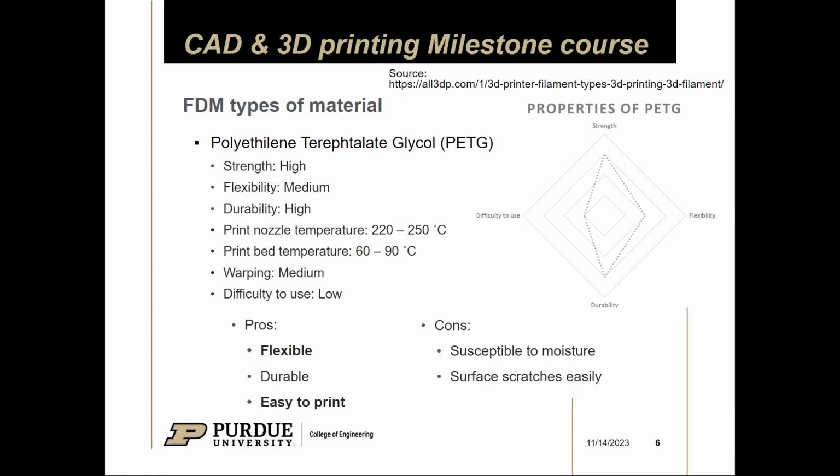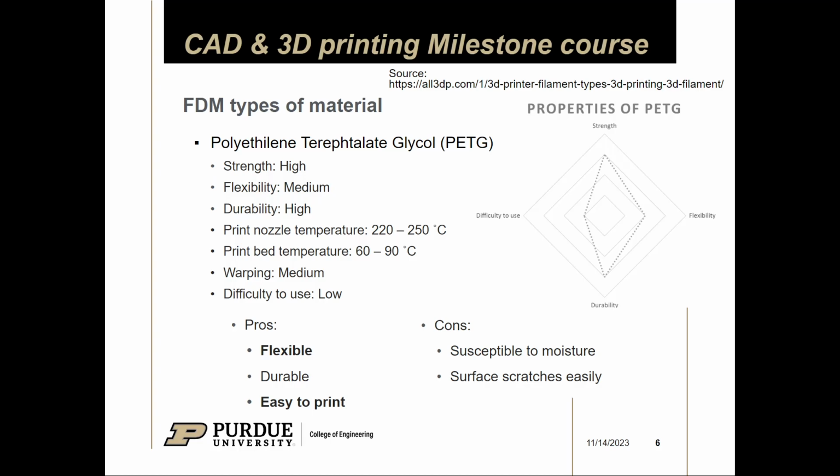Again, it prints a little bit higher temperatures compared to PLA, which gives it a little bit more temperature resistance. It tends to be a little bit more flexible after you print it, so it can take a little bit more impacts. But some of the cons is that it kind of strings a little bit, if you are familiar with the term.